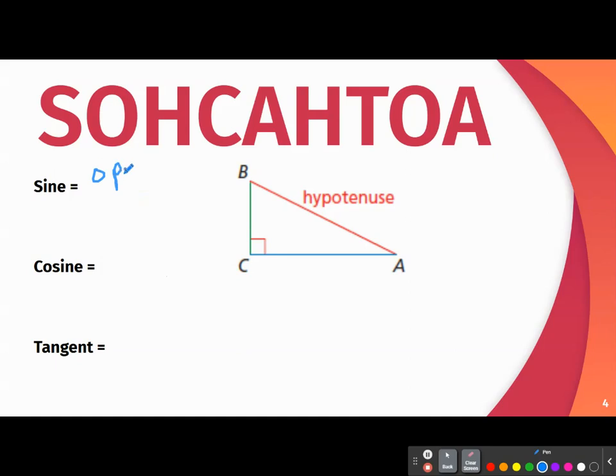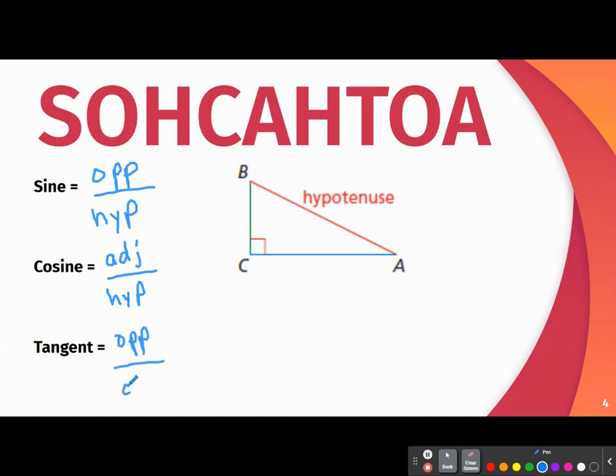Oh, sorry, I said adjacent at first, but it's opposite over hypotenuse. See how it has OH, opposite over hypotenuse. Cosine is adjacent over hypotenuse. And tangent is opposite over adjacent.